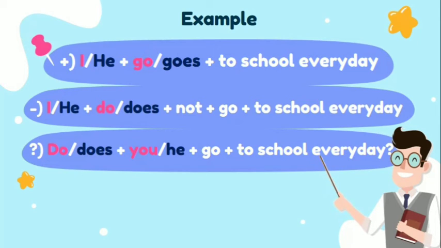So, the es in the verb go changes into the auxiliary verb do and becomes does, and the verb changes into verb 1. For interrogative, does he go to school every day?